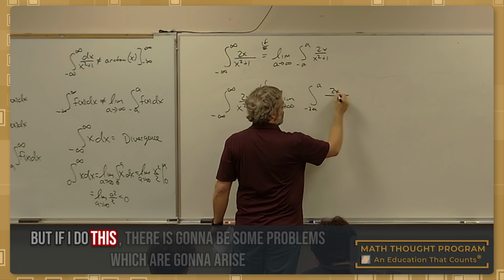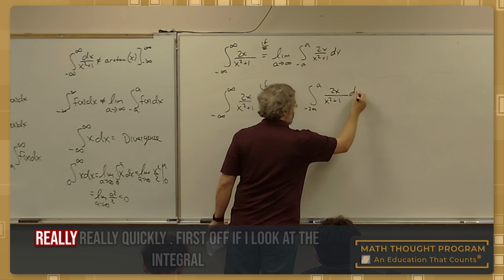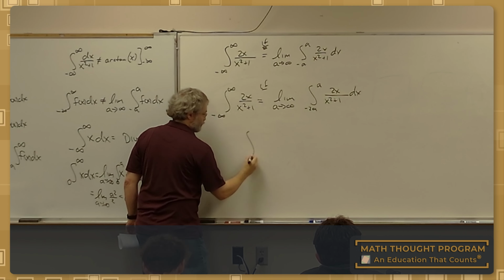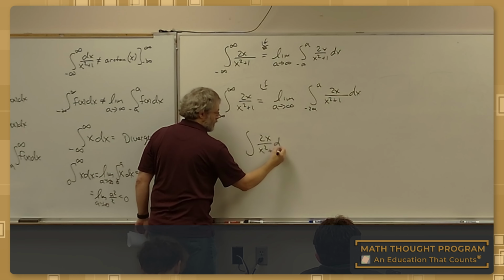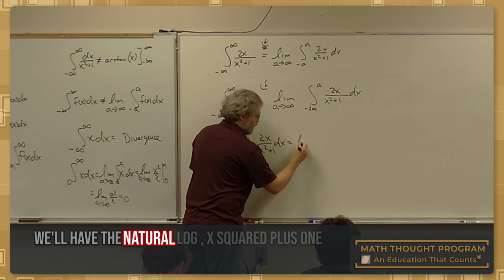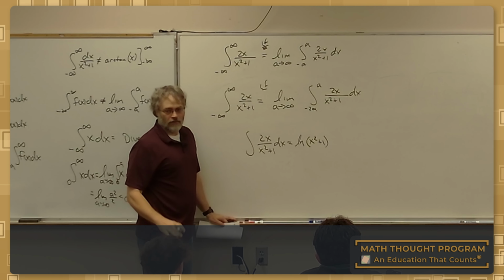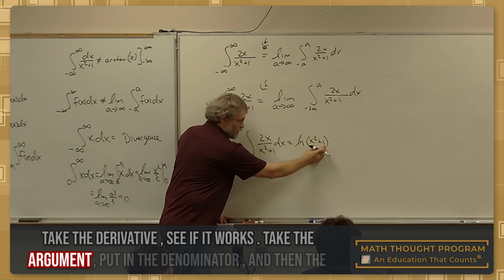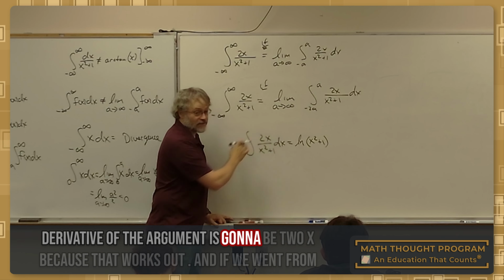But if I do this, there are going to be some problems which arise really quickly. First off, if I looked at the integral of 2x over x squared plus 1, now I simply integrate, and we'll have the natural log of x squared plus 1. Take the derivative, see if it works. Take the argument, put it in the denominator, and then the derivative of the argument is going to be 2x.